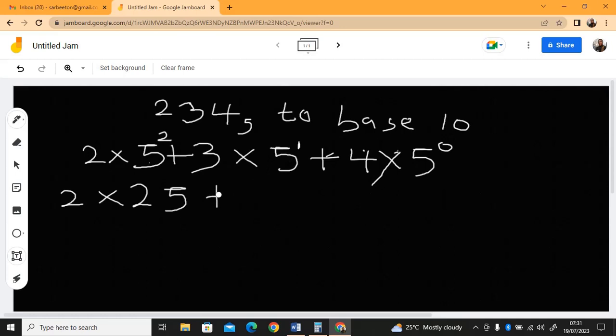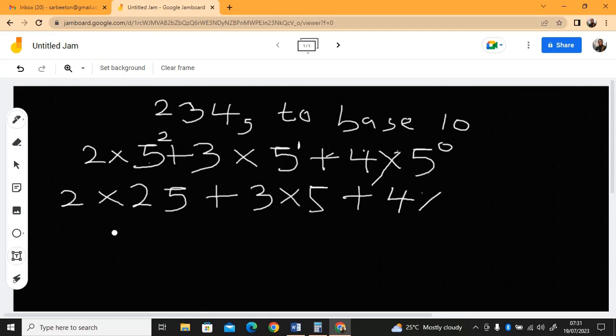So that's going to be 3 times 5, plus, I told you any number raised to power 0 is 1. That will be 4 times 1.